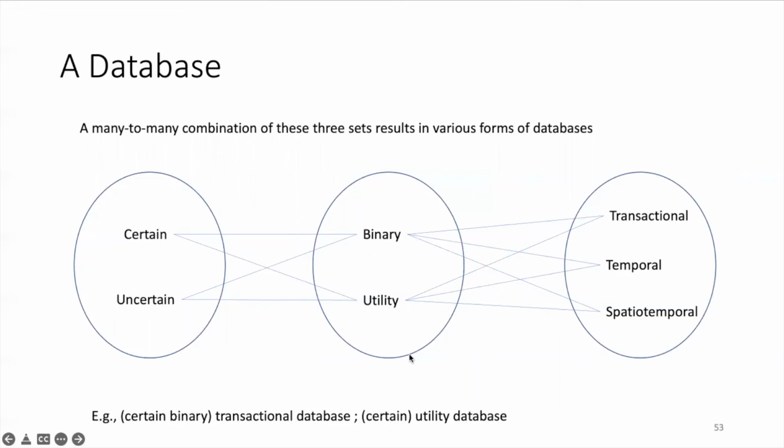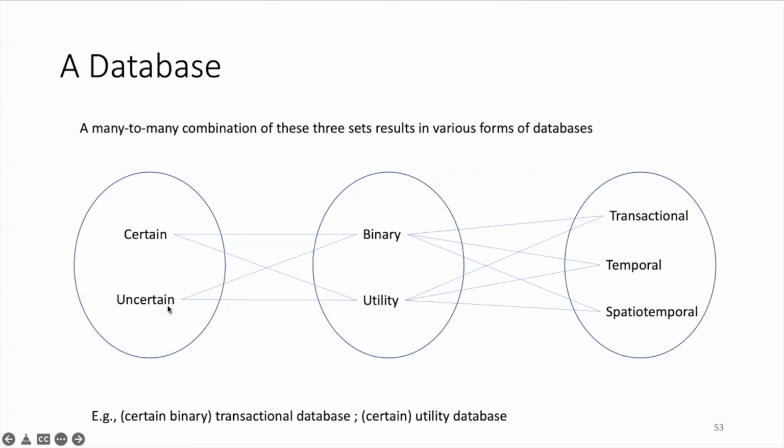When we have items of these types, a database can be generated by performing many-to-many relationships between these sets. So we have certain binary transactional, certain binary temporal, certain binary spatio-temporal databases.